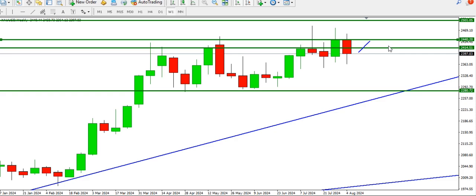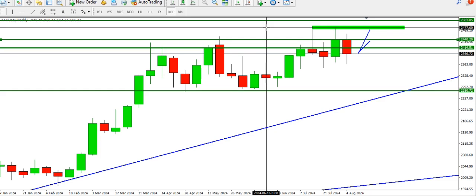If that happens, we'll surely expect price to continue to go up, at least to the top of the range or to the resistance area, and the resistance area is around 2477.